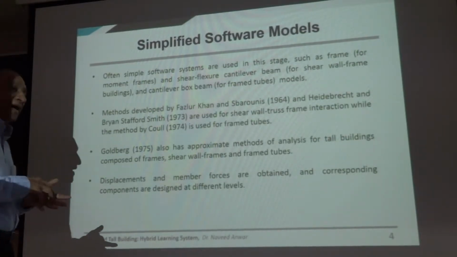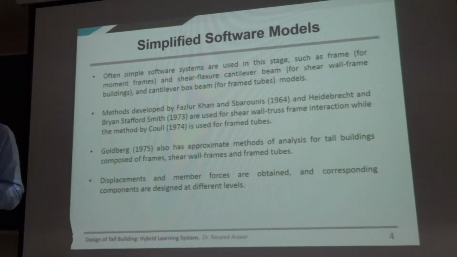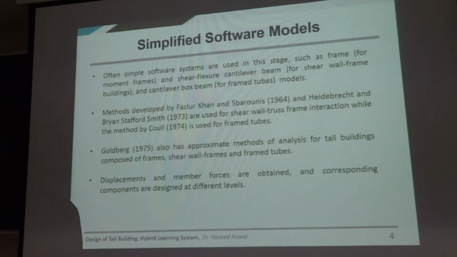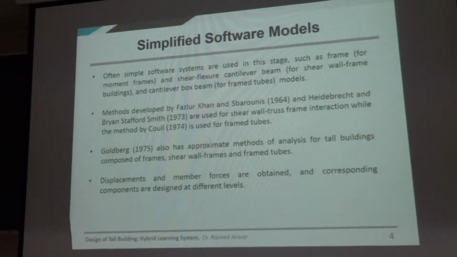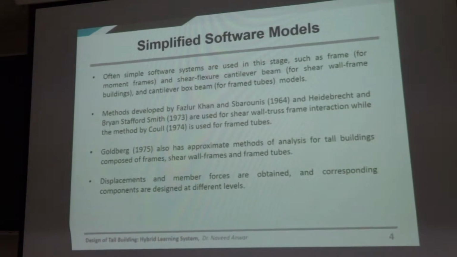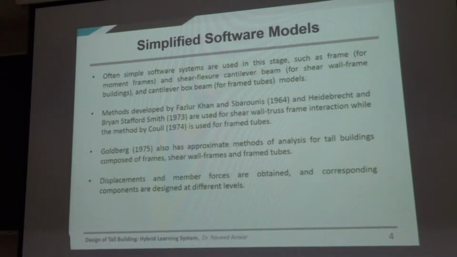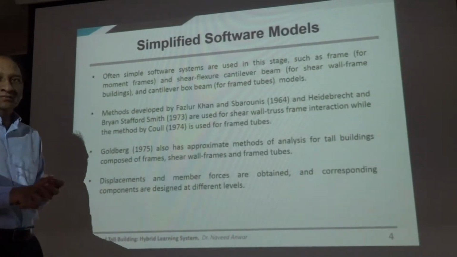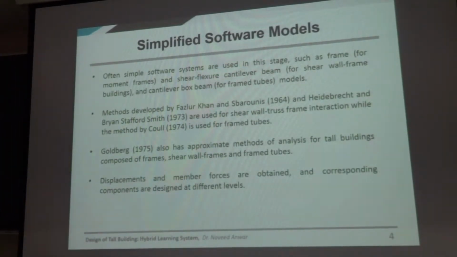Reducing the mass of the floor system is very important, because if you reduce the mass of the floor system, it multiplies by the number of floors. So if you have 50 stories, whatever reduction you make, the advantage is 50 times, not one time. And that is why spending some time on the selection of the floor system is quite important.